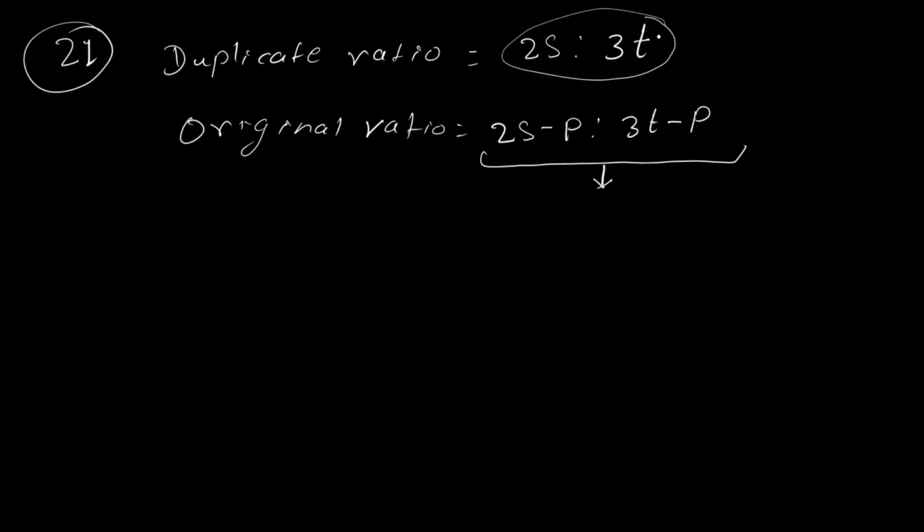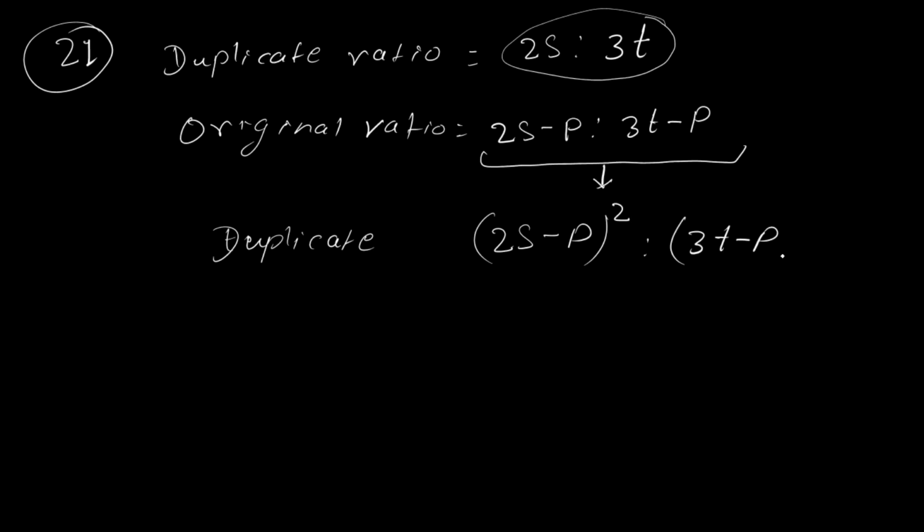Now we have to equate it. Original ratio is this one, so we will convert it into duplicate first. Duplicate: 2s minus p whole square is to 3t minus p whole square. This has become now duplicate. Now your job is to equate the ratios, right?